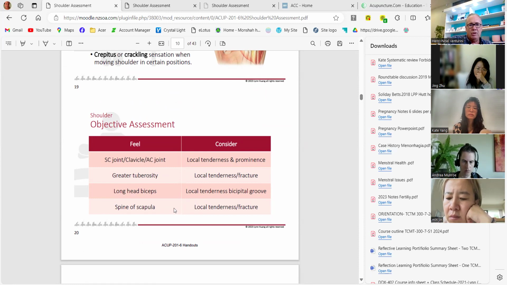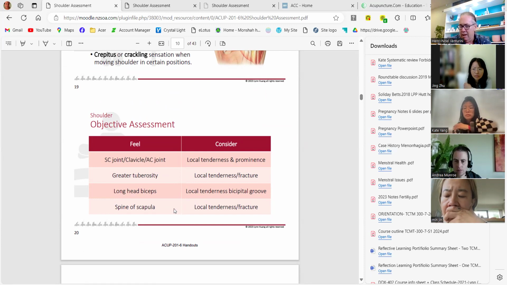You all know where those points are on the arm and shoulder? Which one don't you know, Andrea? I don't know the greater tuberosity or the bicipital groove. The bicipital groove is a little groove as it comes down the lateral aspect. Can you see me? Just there.